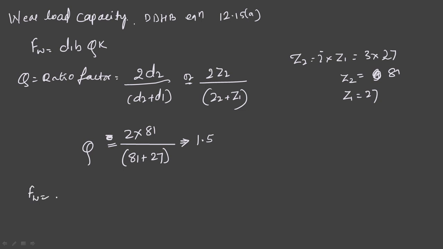Now, let us substitute in wear load capacity or wear resistance. FW equal to D1 is 120 mm. Okay. B is 45. And Q is 1.5. Capital K is unknown here.